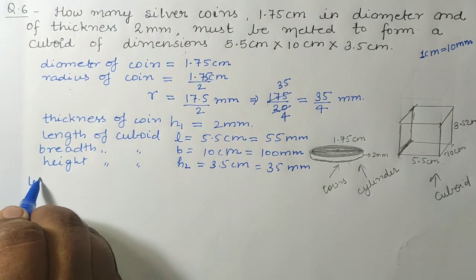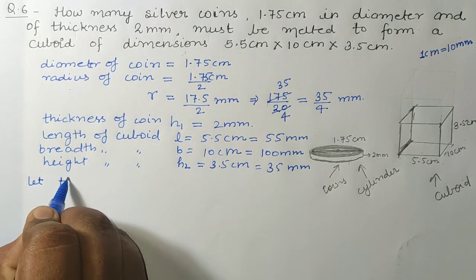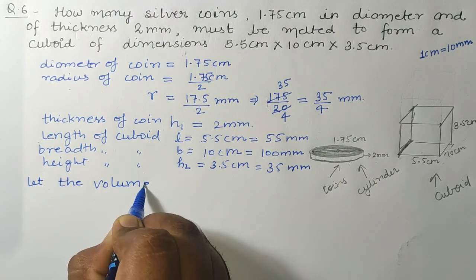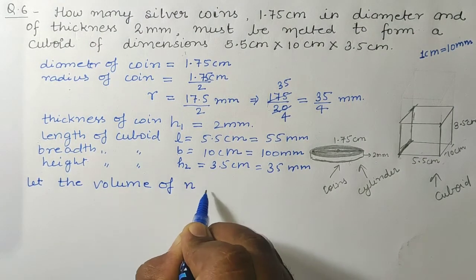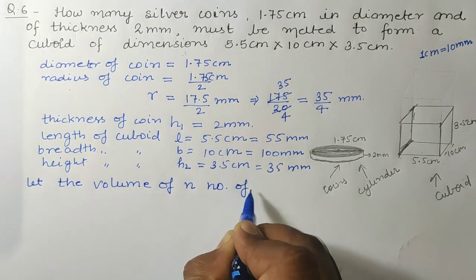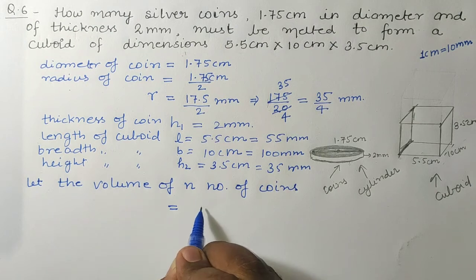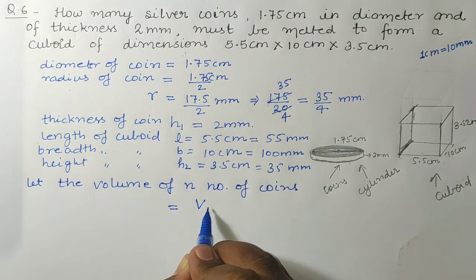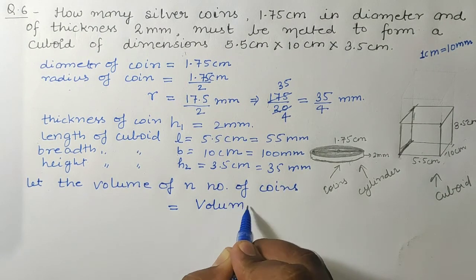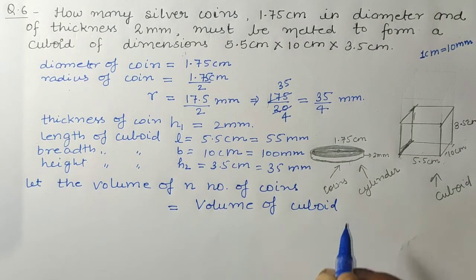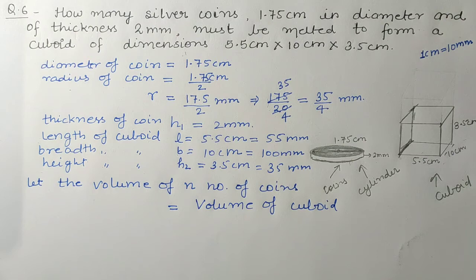So here, let the volume of n number of coins be equal to the volume of cuboid. Students, this concept we will use.